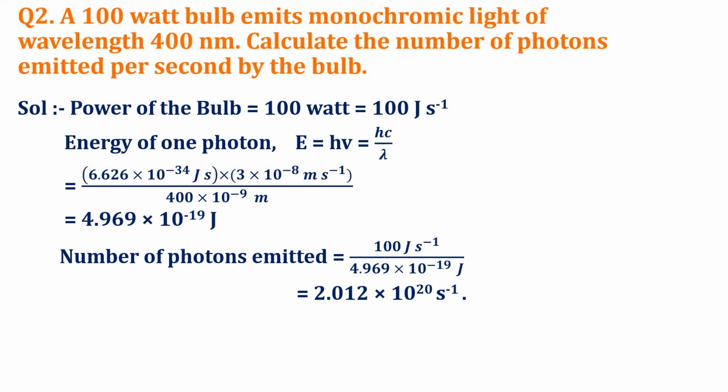After dividing, we get 2.012 into 10 to the power 20 per second. I hope you have understood how we calculated the number of photons emitted per second by the bulb.